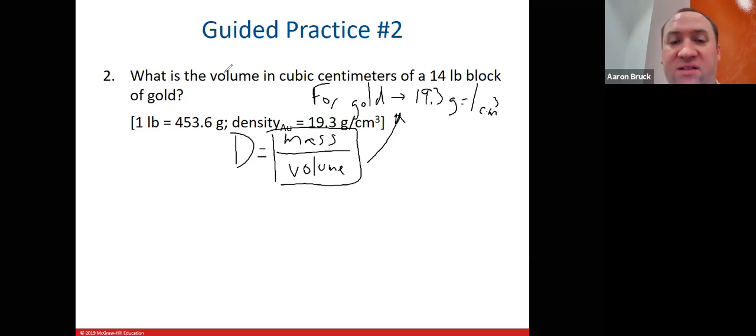The other thing that this allows us to do, though, is using this equivalence, we can flip this fraction around based upon our need. So if I need grams in the numerator, I can write it this way. If I need grams in the denominator, I can write it in a slightly different way. I can flip the fraction.